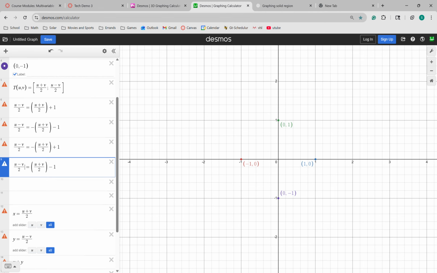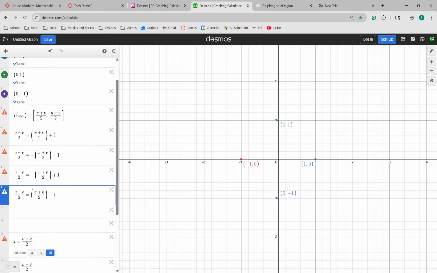Now this is our original function given by our original region in terms of u's and v's.